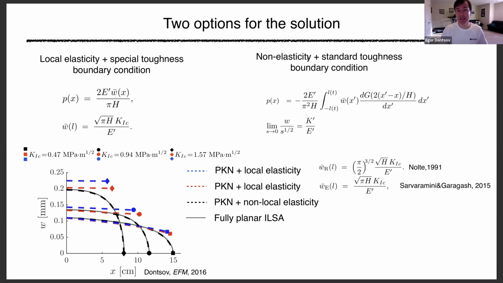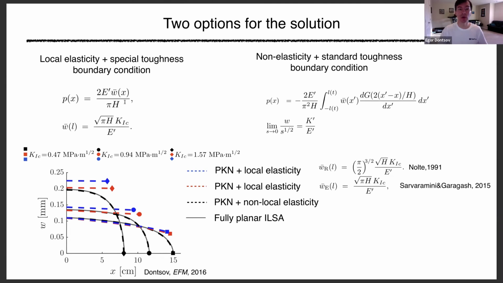One is, as I said, to use this full non-local elasticity and a standard toughness boundary condition. From the toughness asymptote, you say that your width near the fracture tip grows as a square root of the distance from the tip. You have your toughness modulus here. What are the alternatives? The first was proposed by Nolte in 1991, which is to have some sort of pressure boundary condition.